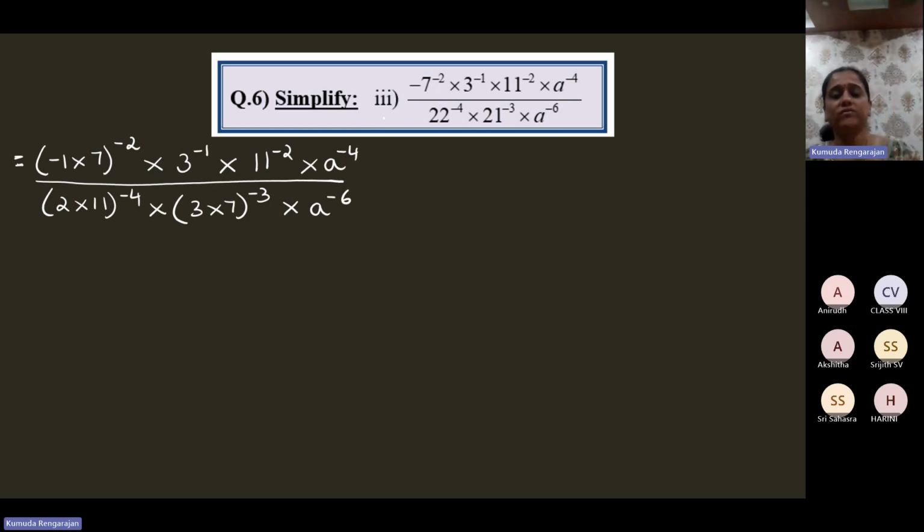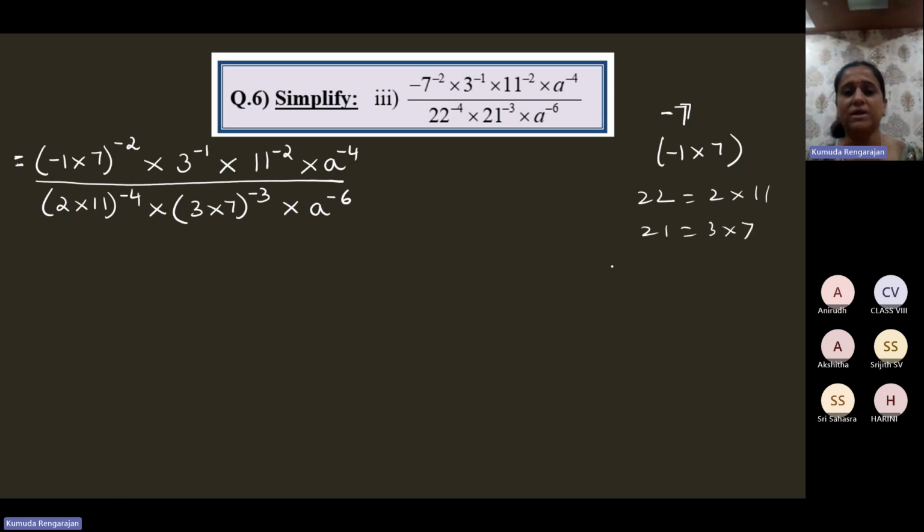Okay. So what have we done? We have written minus 7 as minus 1 into 7 when the base is negative. All other composite numbers like 22, we write as 2 into 11, and 21 as 3 into 7.